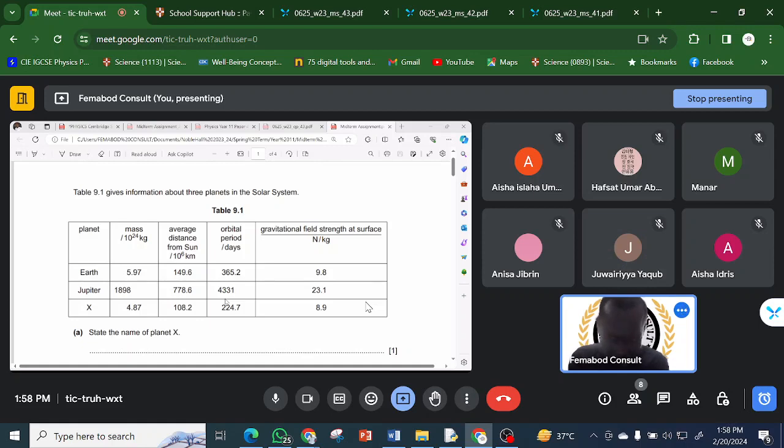Also look at the gravitational field strength: it is 8.9, and the gravitational field strength of the Earth is 9.8. So with this, somebody should guess planet X for us. Venus. Do we all agree with that?